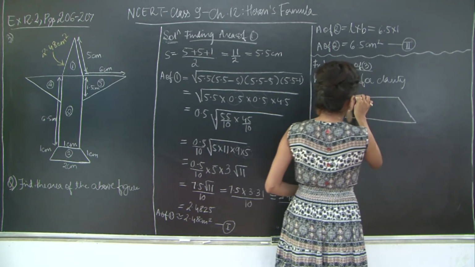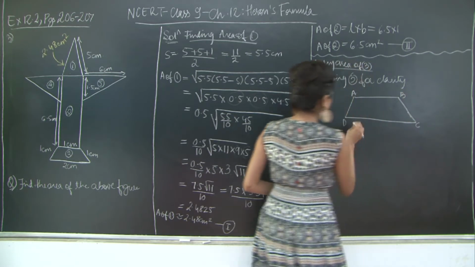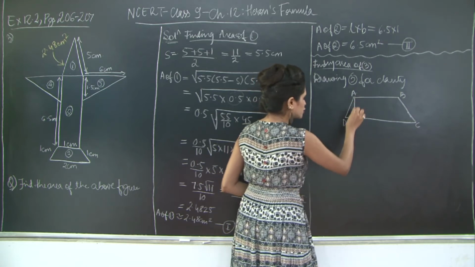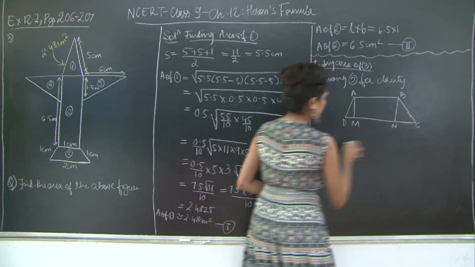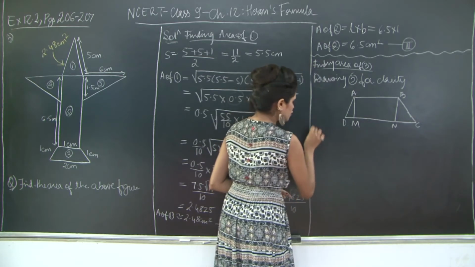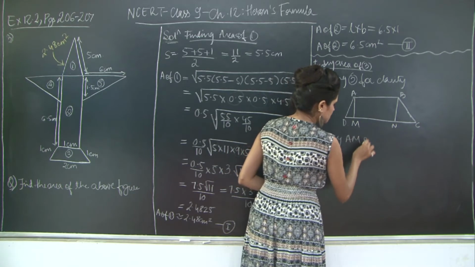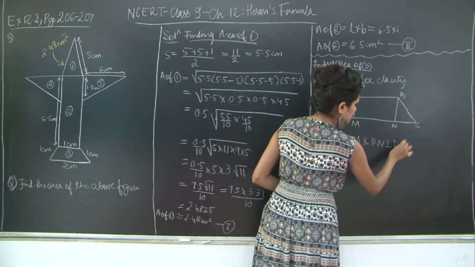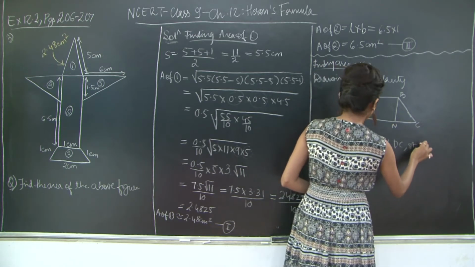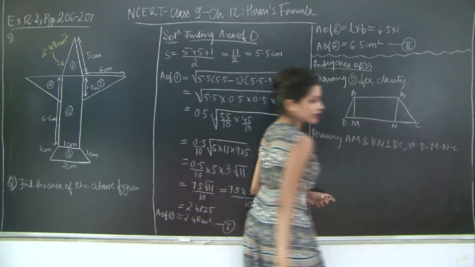And we will name this region, I'll call it A, B, C, D. So what we are going to do is we are going to draw AM and BN perpendicular to DC. So I'll say drawing AM and BN perpendicular to DC such that points D, M, N and C lie on a straight line.